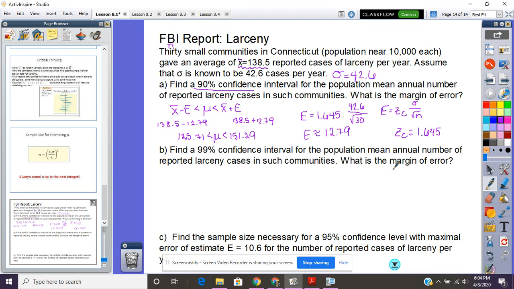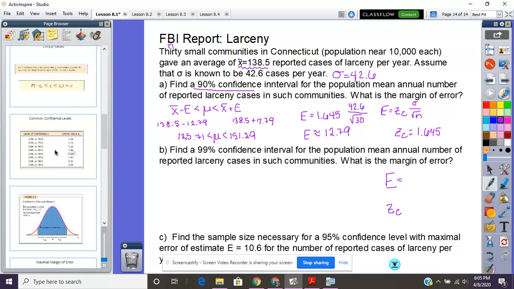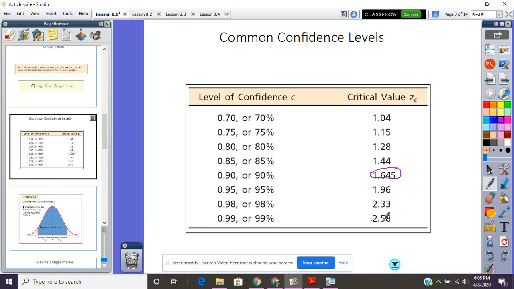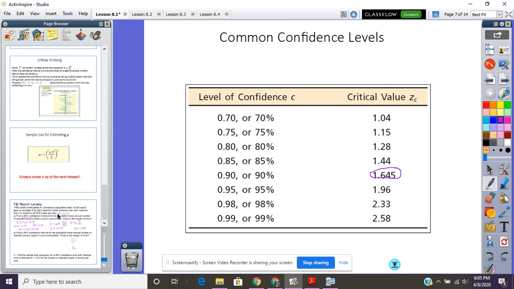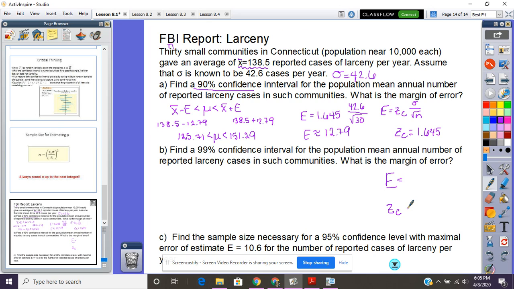So our error formula is actually exactly the same, except for we have to find a new ZC. So ZC, so let's go back up here. We're looking for 99%, which would be 2.58. So our ZC here is 2.58. So 2.58 times 42.6 all over the square root of 30.